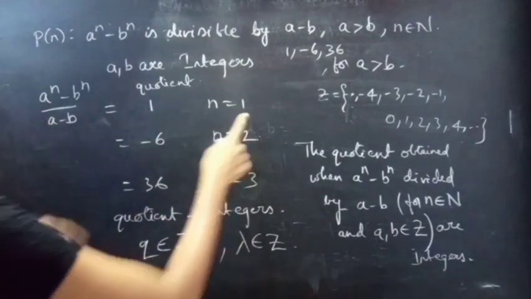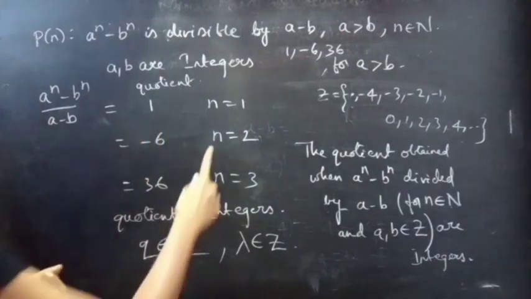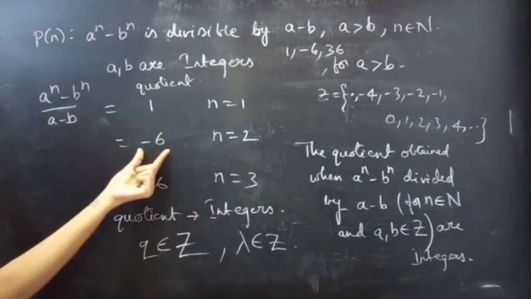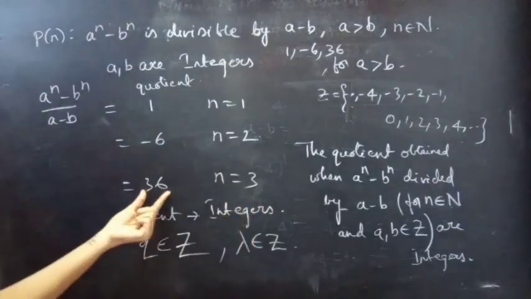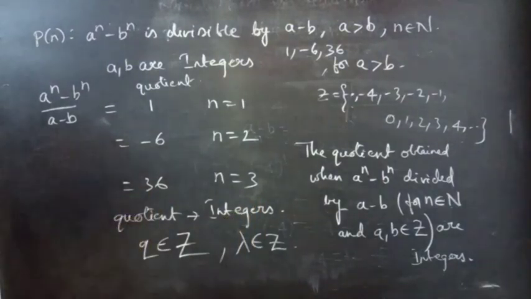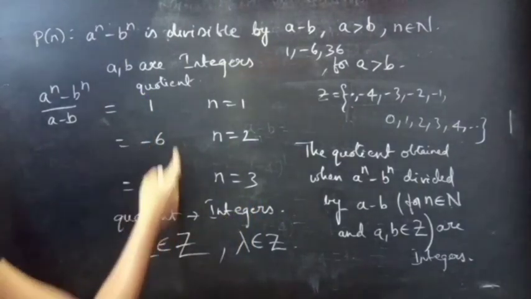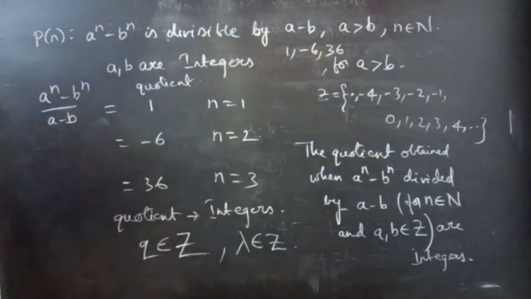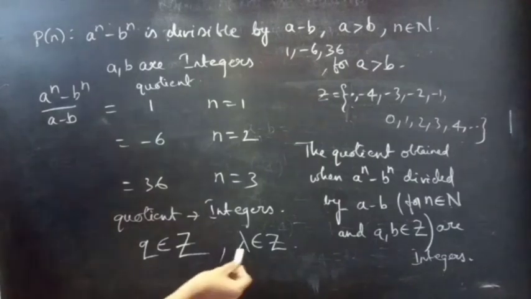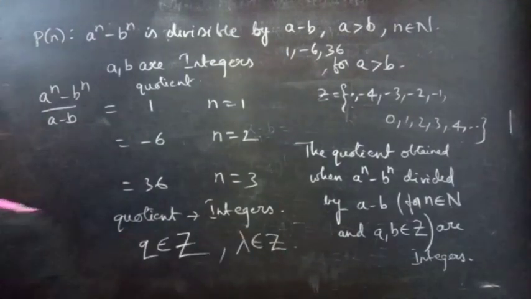For n equals 1, we'll get the quotient 1. For n equals 2, we'll get the quotient minus 6. For n equals 3, we'll get the quotient 36, right? So here, we can say that the quotients are integers. Then our quotient Q belongs to Z and also lambda belongs to Z.